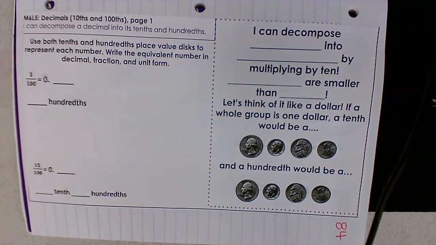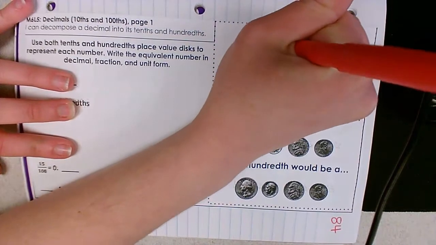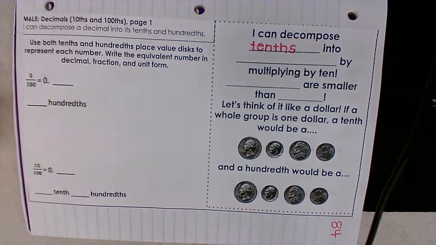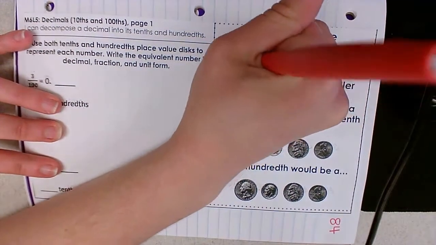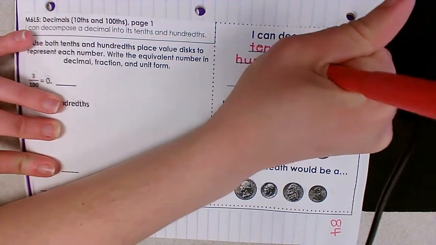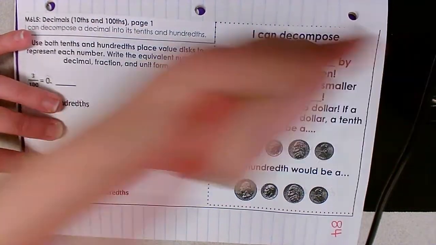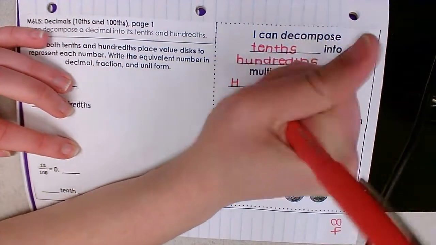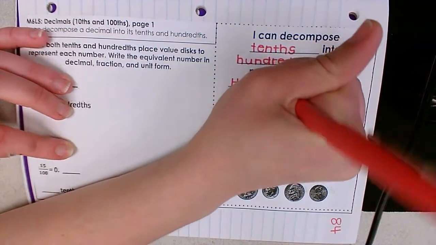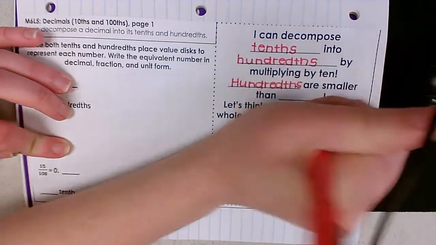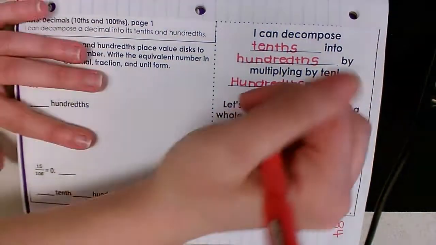I can decompose tenths into hundredths by multiplying by 10. Hundredths are smaller than tenths.